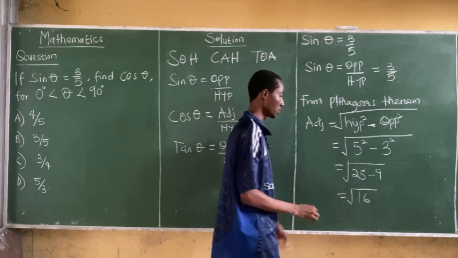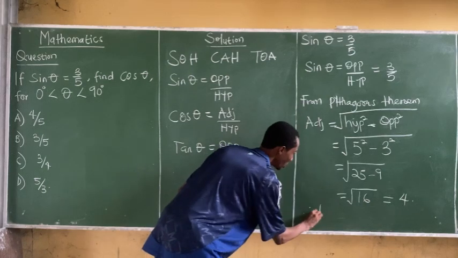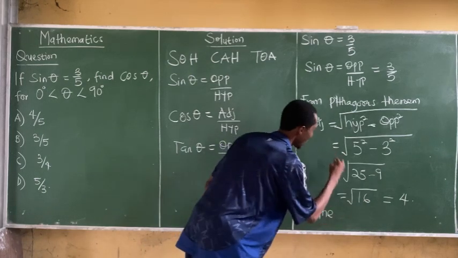Square root of 16 will give us 4. Therefore, the adjacent is 4.